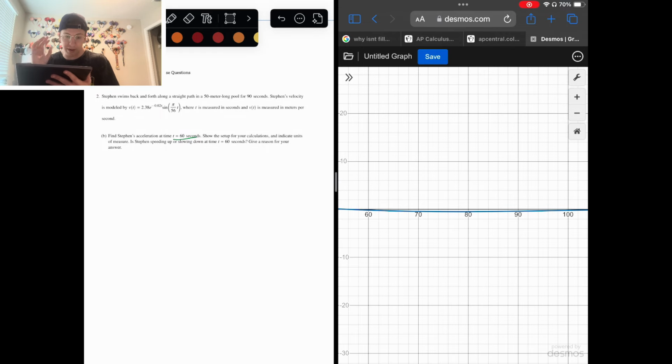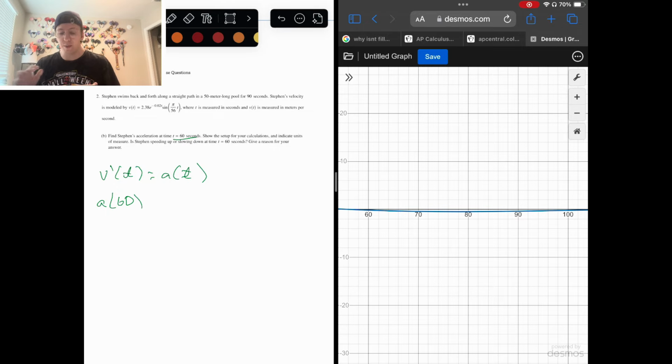Okay, so immediately, I need to throw in acceleration. I need to get that onto our paper. We need to talk about it. So we should know in our head that the derivative of velocity is equal to acceleration. So I'm going to show that. I'm just going to say v prime of t is equal to a of t. And then we're trying to figure out what is the acceleration at 60? So I'm going to say a of 60.